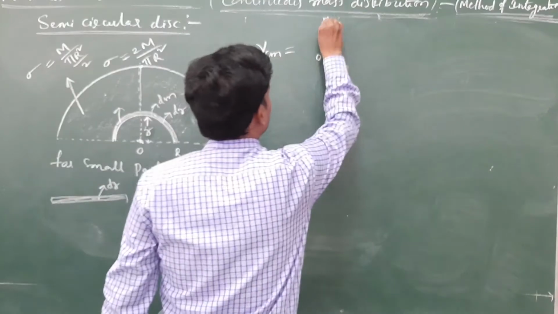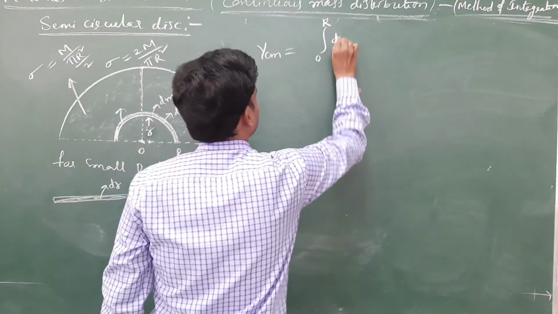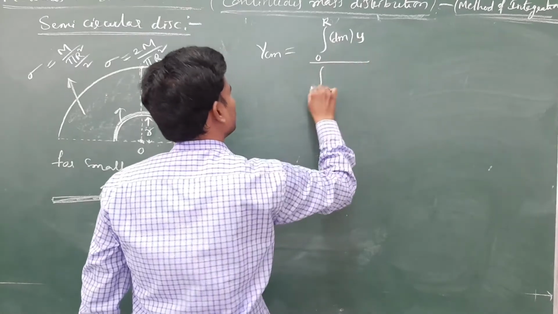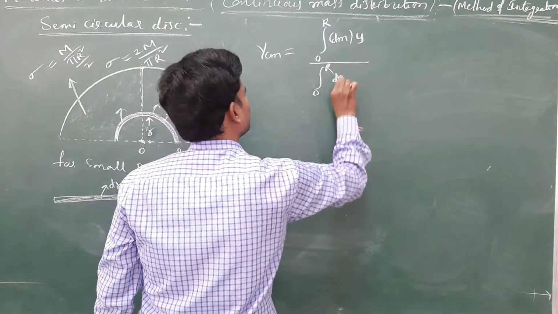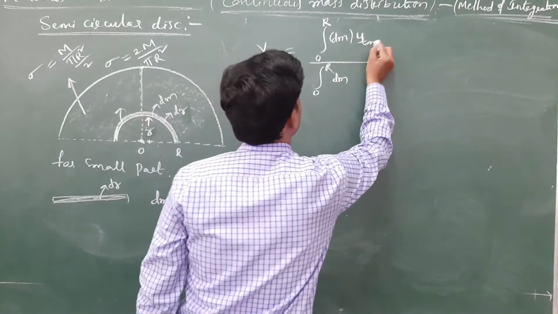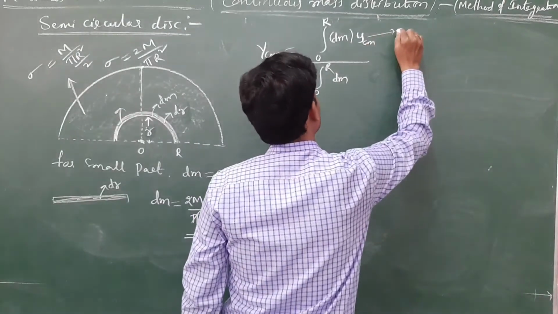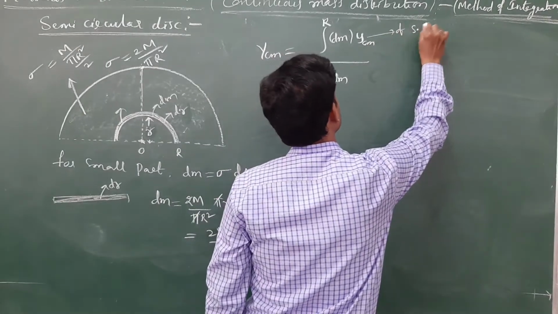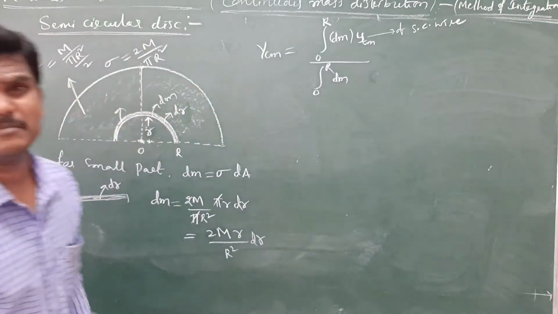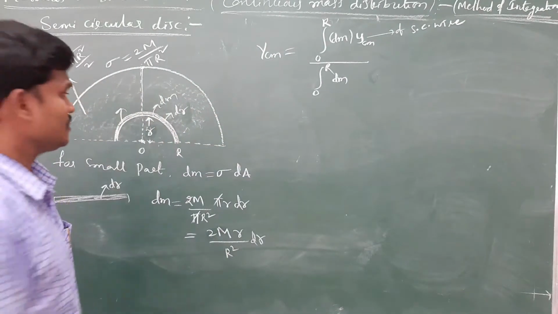So 0 to r is the limit, and dm into y. This y coordinate is nothing but YCM, the y coordinate of the center of mass of the semicircular wire.